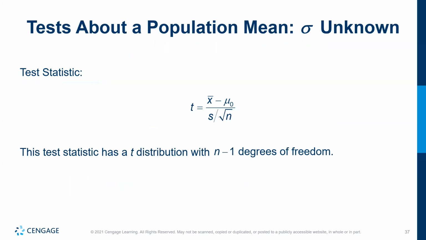There's a whole other bunch of slides that I'm not going to go through on what if we don't know the population standard deviation, sigma. The reason I'm not going to go through them is it's the exact same process, except we use the t-distribution instead of the normal distribution. And we use the S, the sample standard deviation, instead of the population standard deviation.